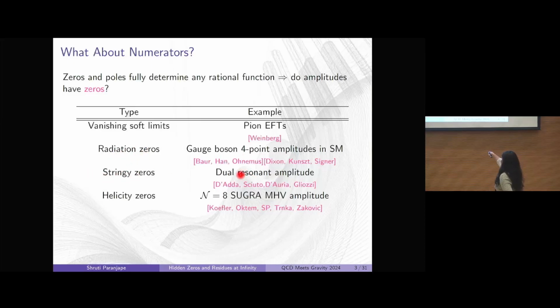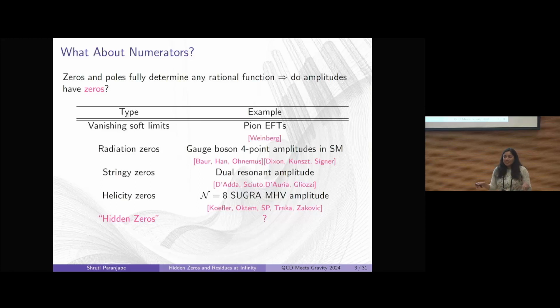There are these stringy zeros that were found by these authors over here. And of course, the zeros that Yara mentioned in his talk just now in the n equals 8 supergravity MHV amplitude. So the set of zeros that I will be talking about today were dubbed hidden zeros.